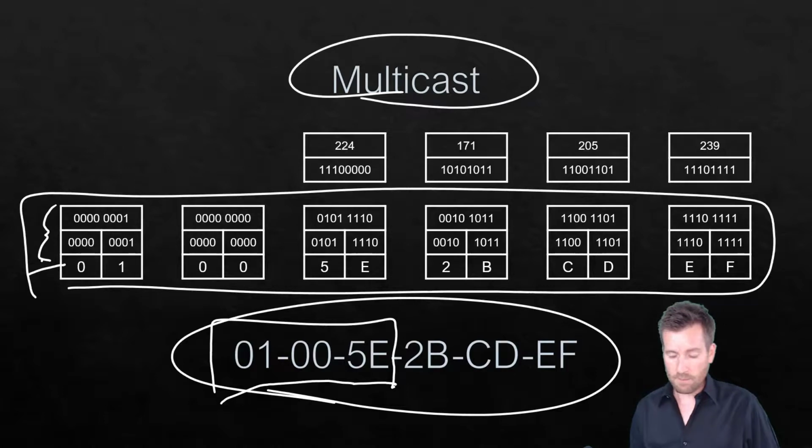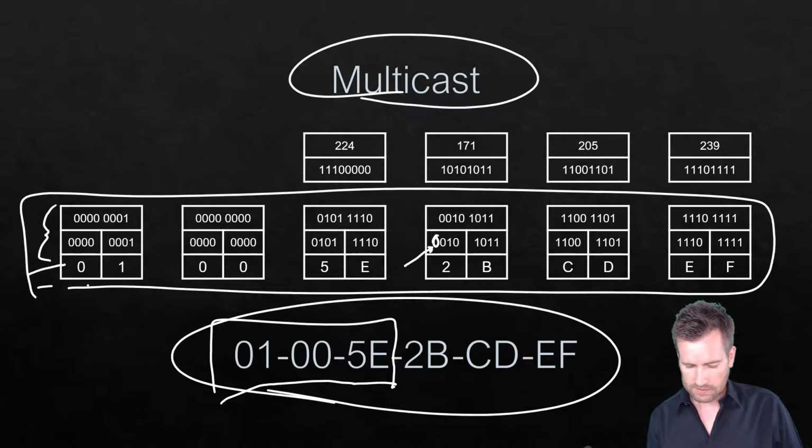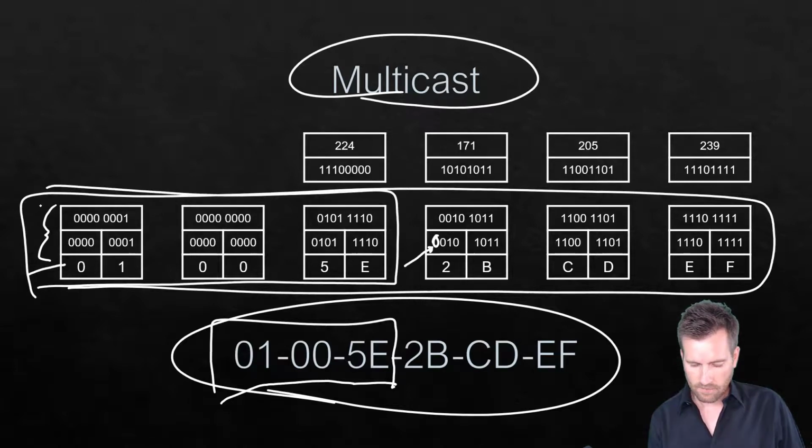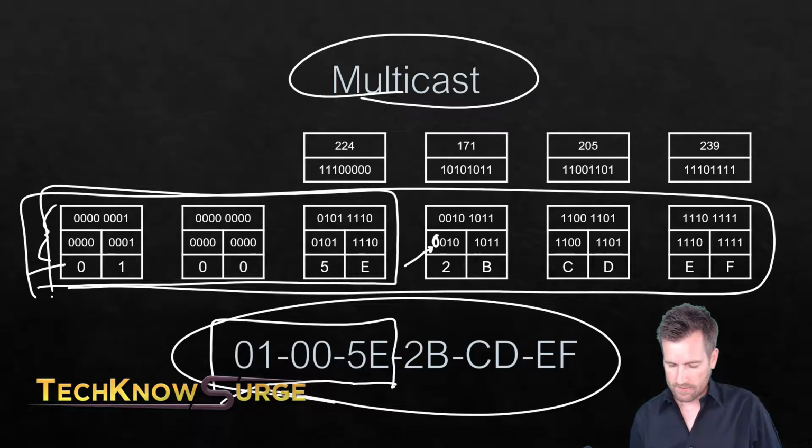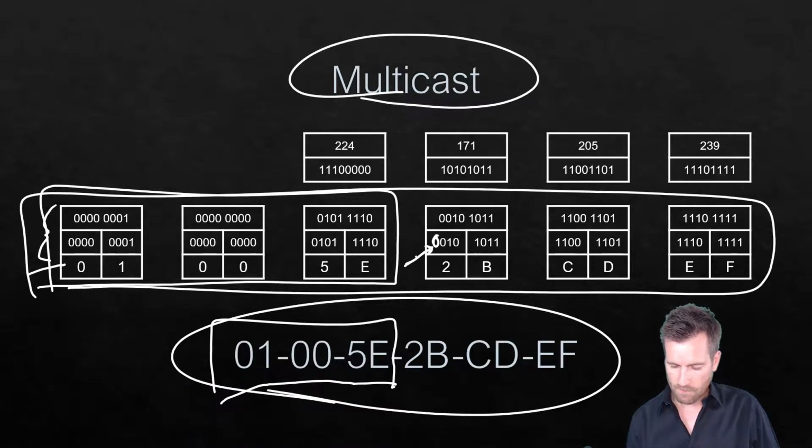The reason why I broke it down this way is for two reasons. Number one is because I want to point out that this 0 is always a 0 right there as well. So you've got the first half of this really, which is always the same for multicast addresses, and this first bit of the second half is always 0.